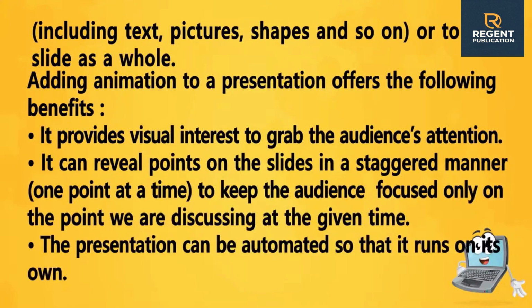Adding animation to a presentation offers the following benefits. It provides visual interest to grab the audience's attention. It can reveal points on the slides in a staggered manner, one point at a time, to keep the audience focused only on the point we are discussing at the given time. The presentation can be automated so that it runs on its own.